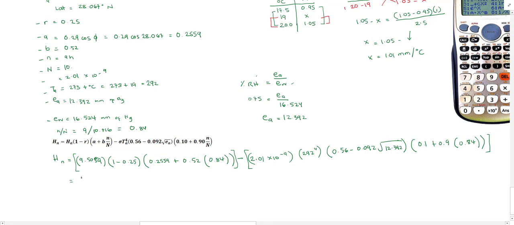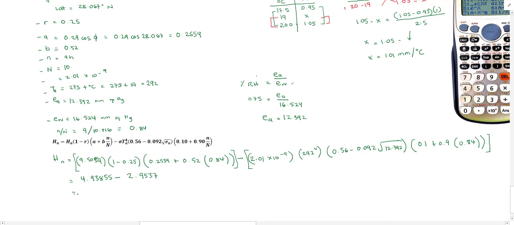This is equal to 4.93855 minus this one, minus 2.9537.